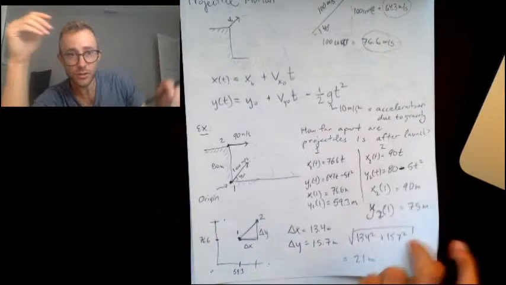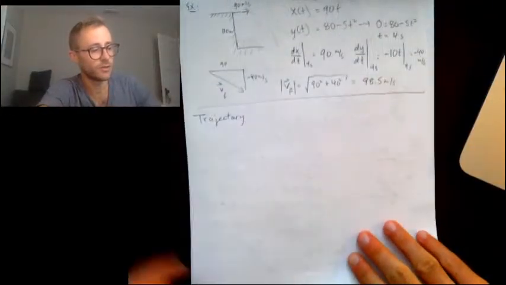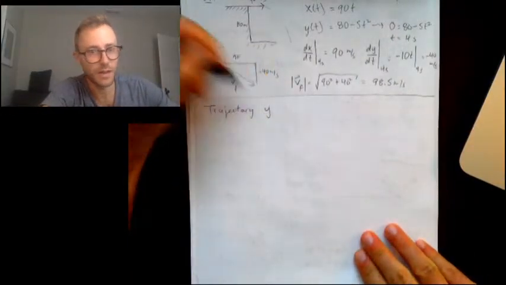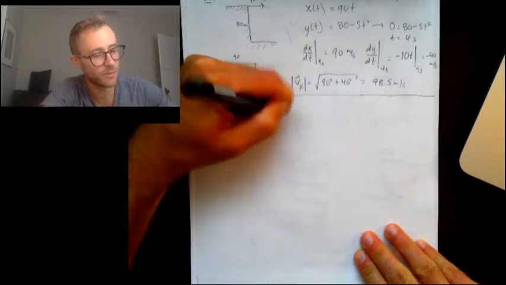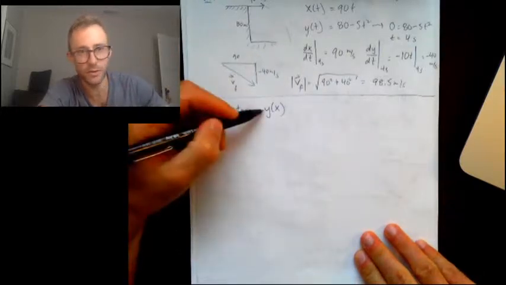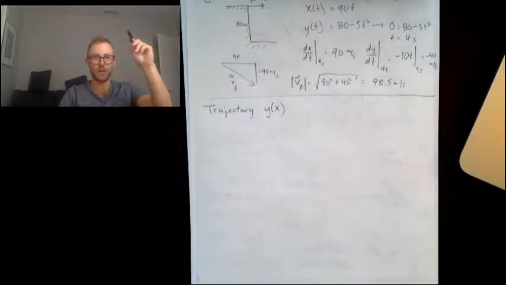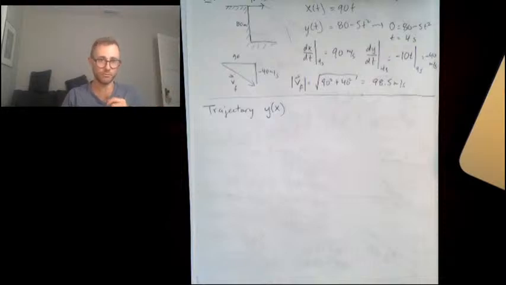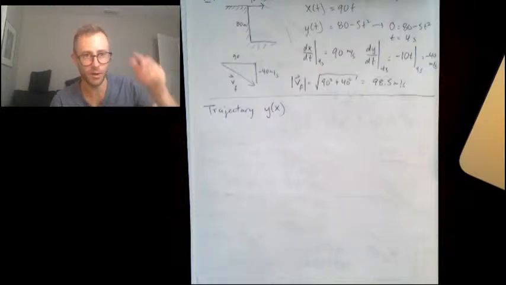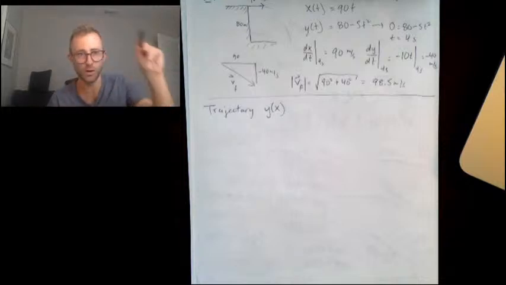The trajectory, on the other hand, is the vertical elevation as a function of horizontal position. So it's the actual shape of the path of the projectile through space. So it tells you nothing about when it arrives at each location. It tells you just what are all the locations that this projectile goes to.